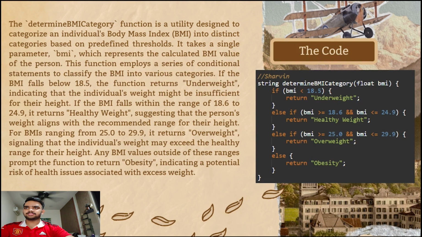For BMI ranging from 25.0 to 29.9, it returns overweight, signaling that the individual's weight may exceed the healthy range for their height. Any BMI outside these ranges prompts the function to return obesity, indicating a potential risk of health issues associated with excess weight.